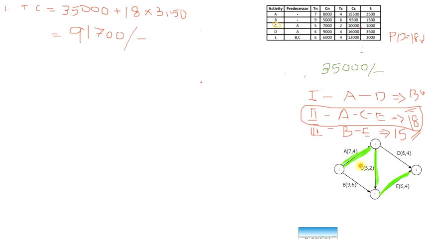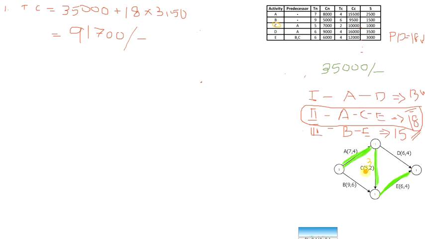Activity C can be crashed by 3 weeks, because the bare minimum time required for completion of activity C is 2 and the normal time is 5. Therefore, the difference is 3 weeks, so we can reduce the time by 3 weeks. The crashing can be done in single weeks also.